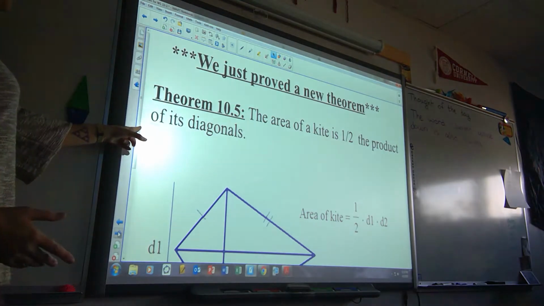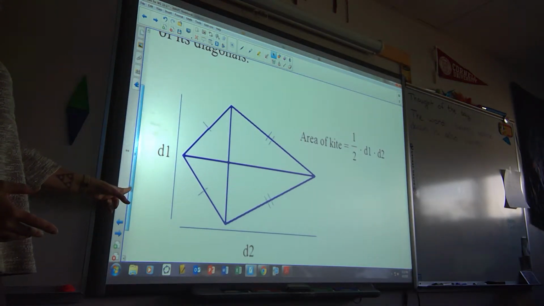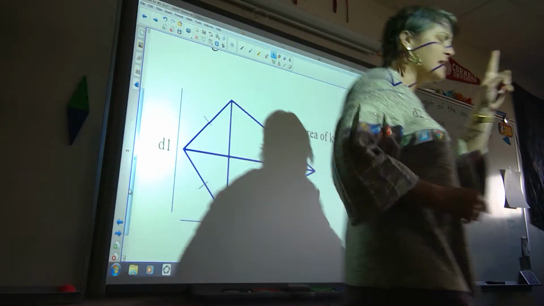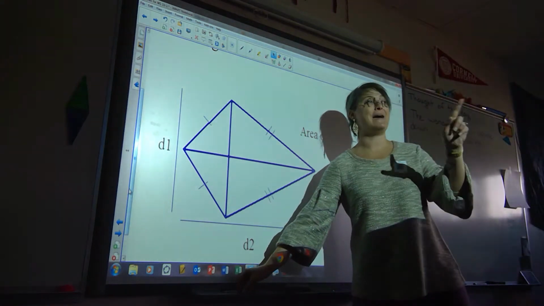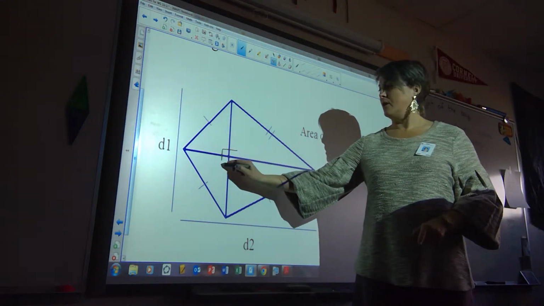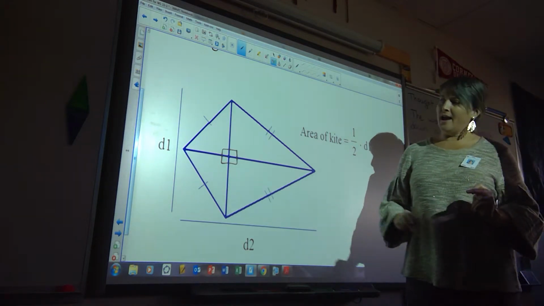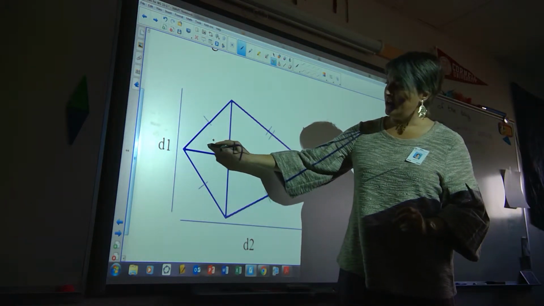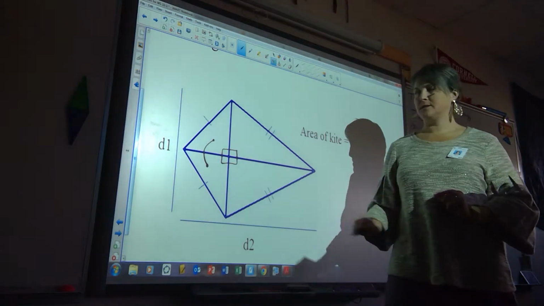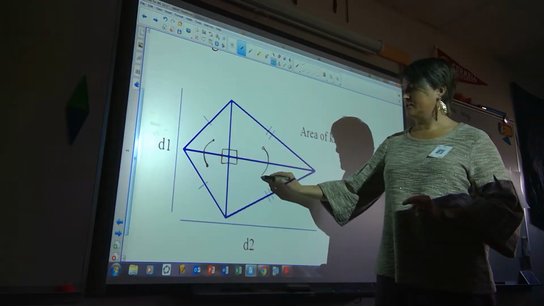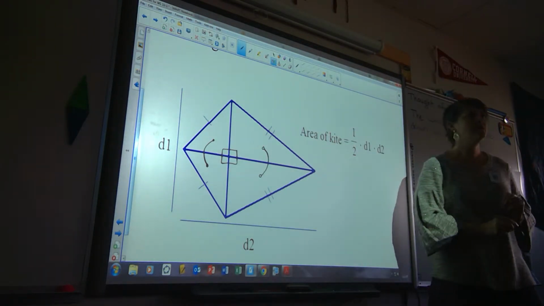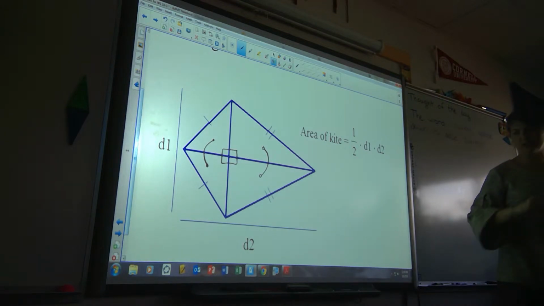So here's that formula. A couple things to remember about a kite: these are always perpendicular here, and this triangle and this triangle are always congruent. There's all that symmetry going on there.